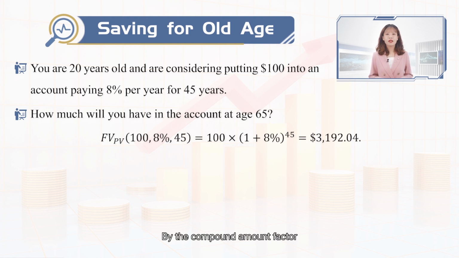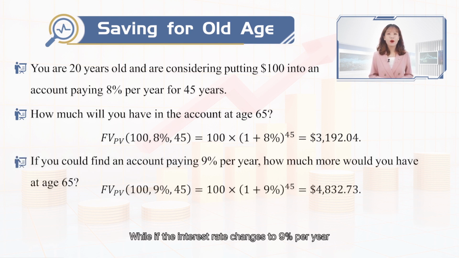By the compound amount factor, the FV is equal to 100 multiplied by 1 plus 8% to the 45th and is $3,192.04, rounded off to the second decimal place. Well, if the interest rate changes to 9% per year, the FV becomes $4,832.73.